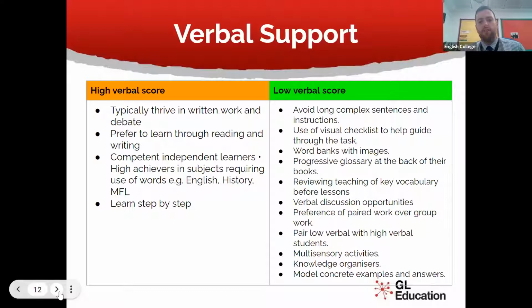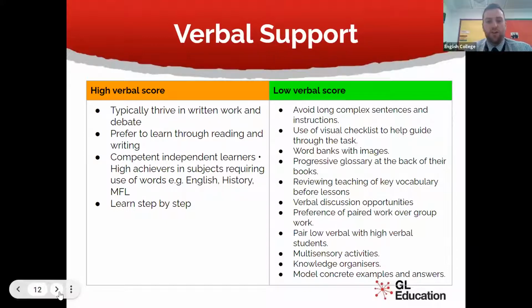So here for verbal, you can see those children with a high verbal score, some of their characteristics and strategies that we use. And here is a list of strategies for the low verbal score, of what we do to support those children in lessons. And again, it's something that you can incorporate at home if a child's coming home to do some extra work, or they've got a piece of homework or an extended task to complete, and you want to sit side by side and help them with it.